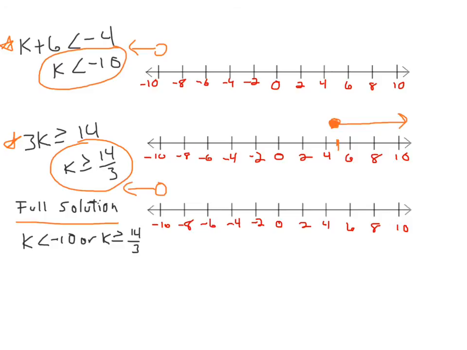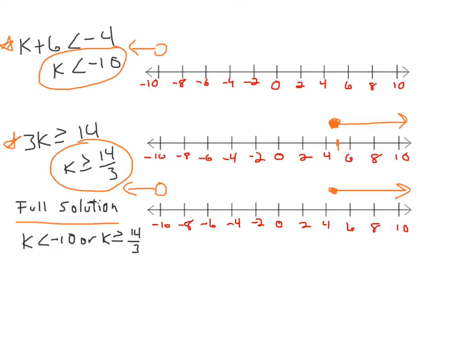And all of these numbers that are from 14/3 or greater, they satisfy the second equation. And as long as it satisfies one of the two, it's a good solution for this OR compound inequality.